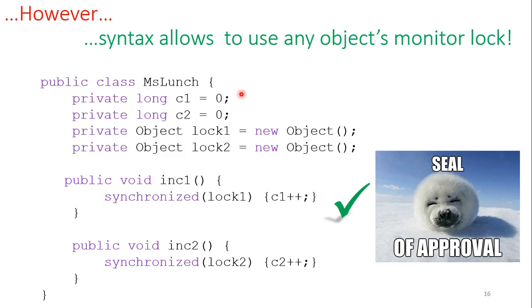Let's take a look at another class. This class has two different fields that are going to be shared, so two counters, let's say, initialized at 0. Now we are going to define two objects, whose references we're going to put in two private fields, log1 and log2. So we create two objects.